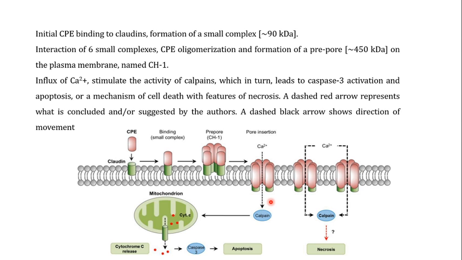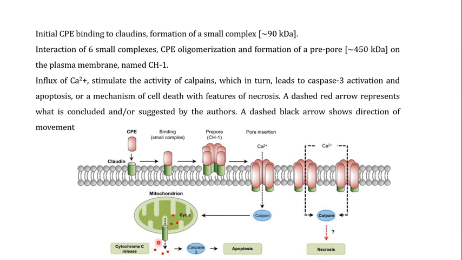When the calcium enters the cell, it is going to activate a particular protein known as calpain. This calpain protein is going to attach itself to the mitochondria, and the mitochondria is going to release cytochrome C into the cytoplasm of this epithelial cell.